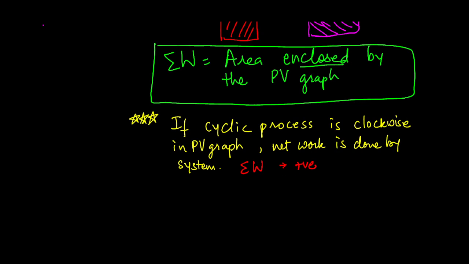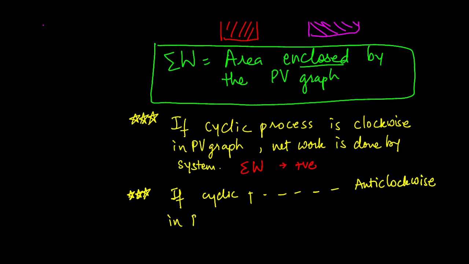Okay, હવે આનાથી ઊંધું. So what's that? If the cyclic process is anti-clockwise in the PV graph, આ બધું PV ગ્રાફ માટે જ એપ્લિકેબલ છે, ગમે તે ગ્રાફમાં નહીં. Net work is done on the system.